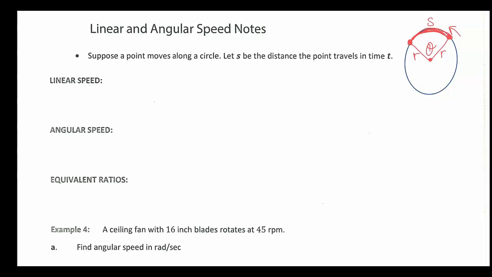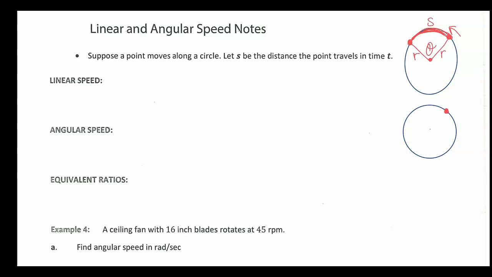Angular speed is a little different, but it has a similar process. So there's my circle, a little different from the first, but it'll work. And we again have some particle, some point on that circle. By calculating the angular speed, we're going to find a rate at which the central angle is swept by your object as it changes its position on that circle.